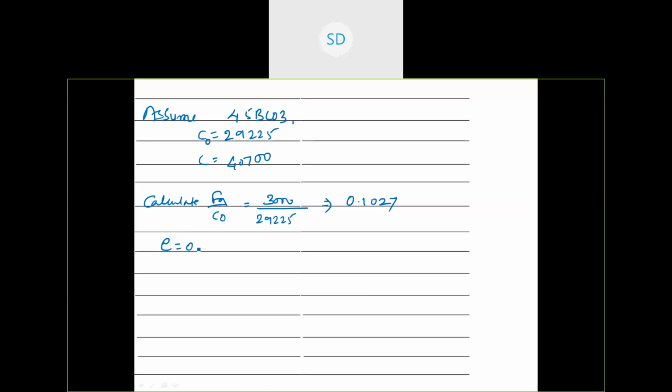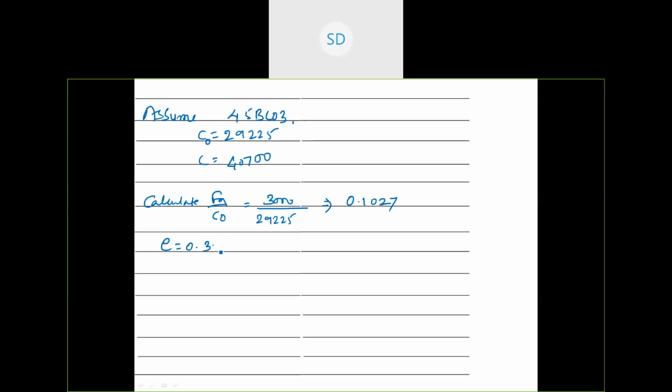Then we compare FA divided by VFR, whether it is greater than or less than E. Now FA divided by VFR is 0.5, which is greater than 0.3. Then you need to go for double row ball bearing.